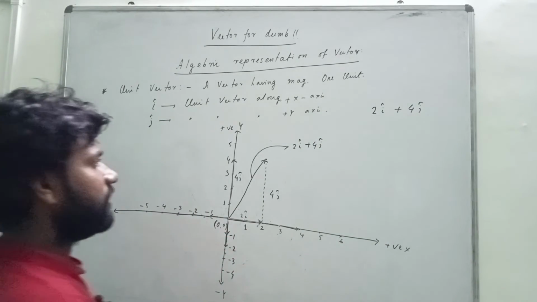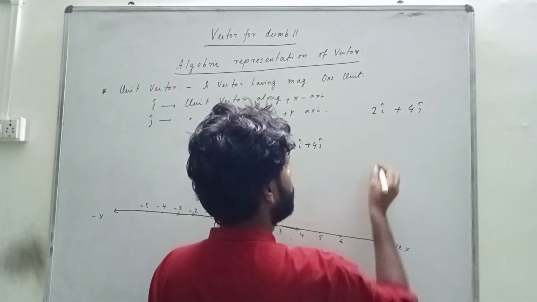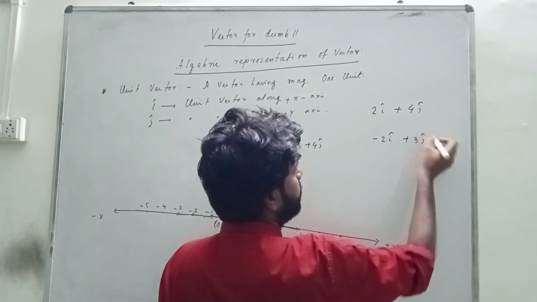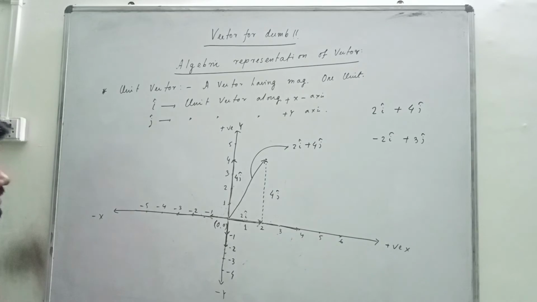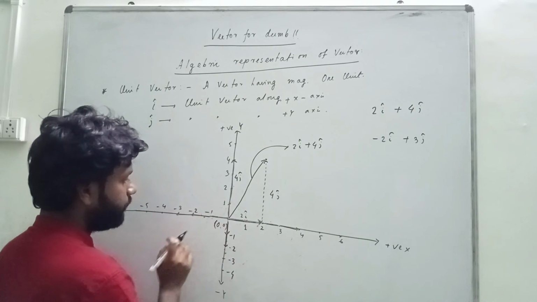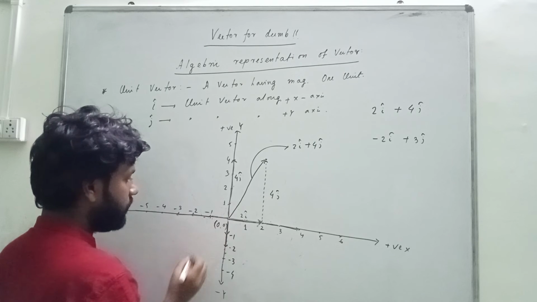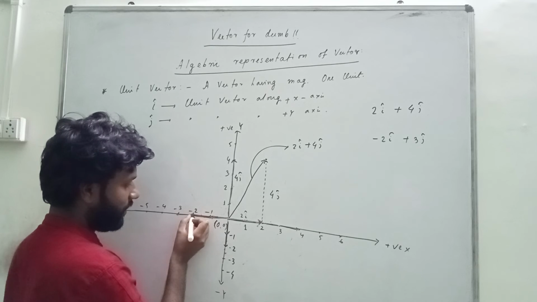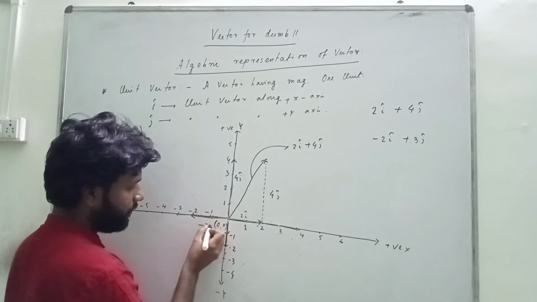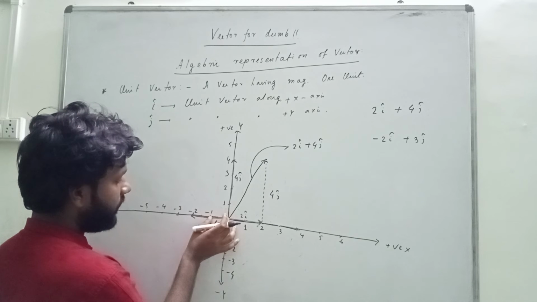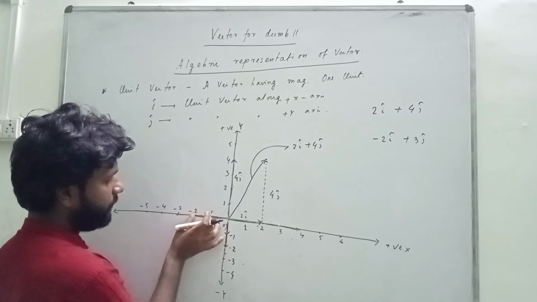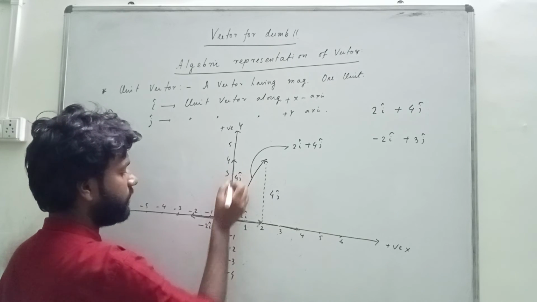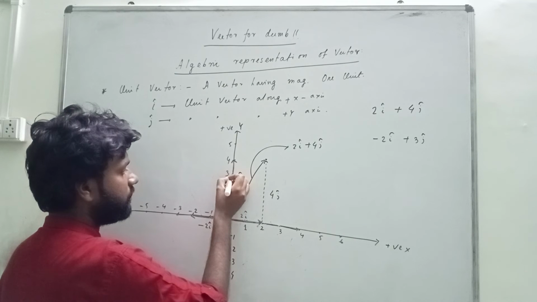Now I want to calculate minus 2i cap plus 3j cap. Just draw the minus 2i cap, right? Here it is your minus 2i cap, because there is a minus i cap with minus i cap, so ultimately it is minus 2i cap. And the 3j cap is j cap, j cap, j cap, your 3j cap.